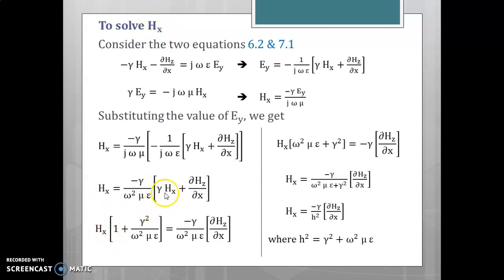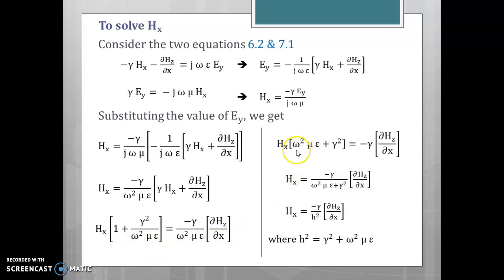If I bring this term to the other side, in both the terms Hx is common. So Hx multiplied by 1 plus gamma square by omega square mu epsilon is equal to minus gamma by omega square mu epsilon dou Hz by dou x. Now you take the LCM and cancel the denominator on both sides.